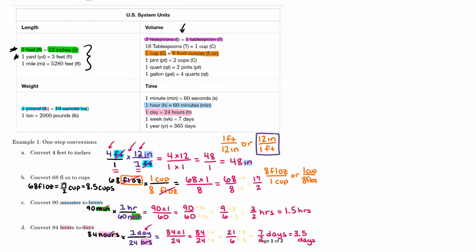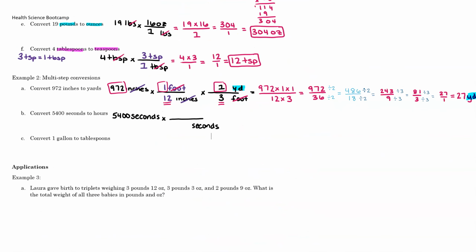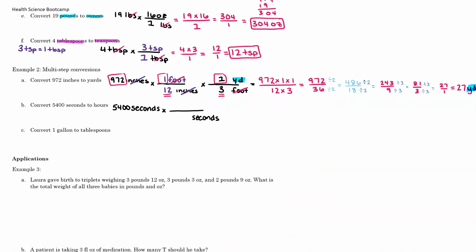Let's see, where's time? Oh, there's no seconds to hours, darn. But there is seconds to minutes. There's 60 seconds in a minute. And then there's 60 minutes in an hour, so that's a double conversion. So let's do it. So we know there are 60 seconds in 1 minute.